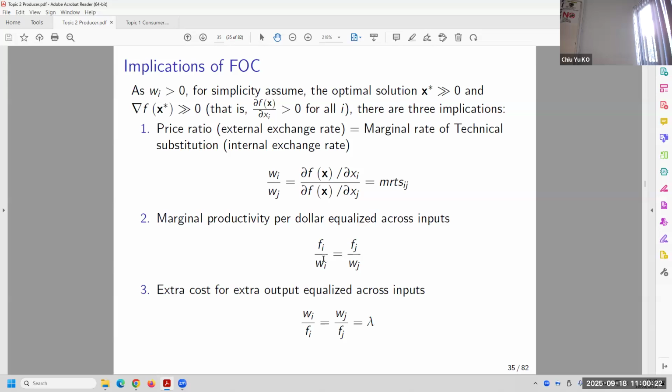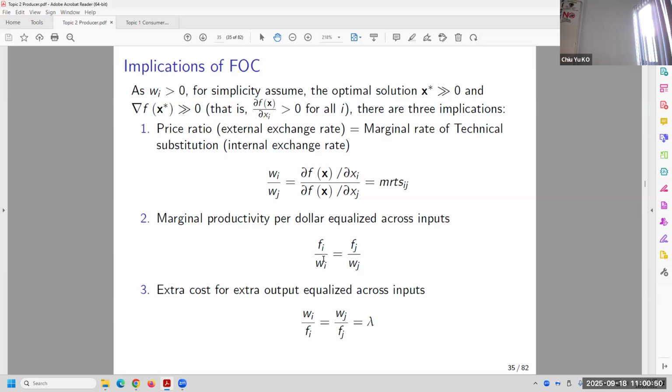Okay, let me repeat: if I increase production by 1 unit of output, how many units of I I need is 1 over F_I, right? And the cost of this, the number of units of I times W_I, is the cost of increasing output by 1 unit through input I.